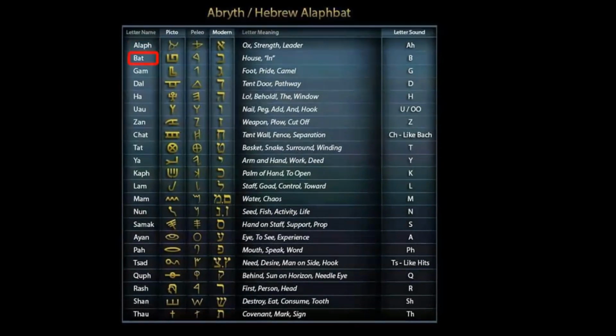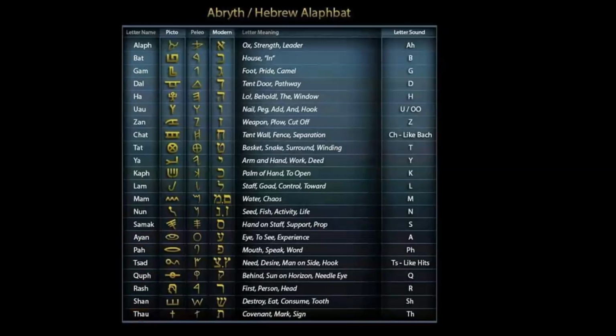Aleph, Bat, Gam, Dal, Ha, U, Zan, Chat, Tat, Ya, Kaf, Lam, Mam, Nun, Samak, Ayan, Pa, Sad, Kuf, Rash, Shan, and Thou.